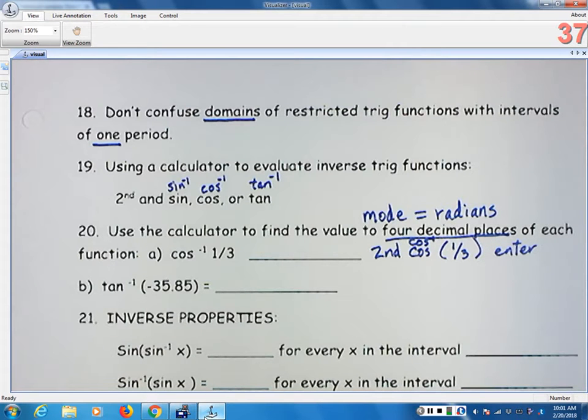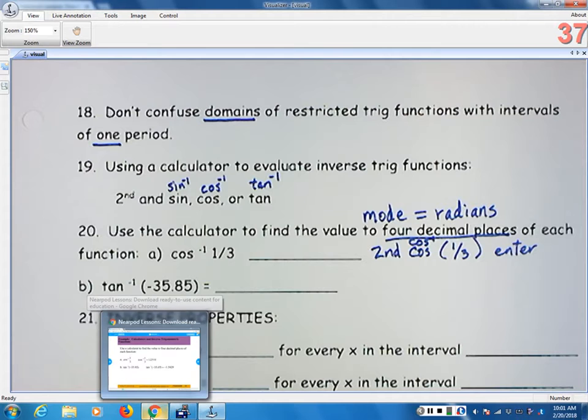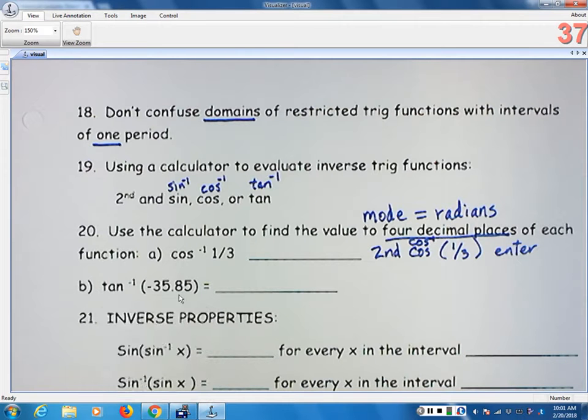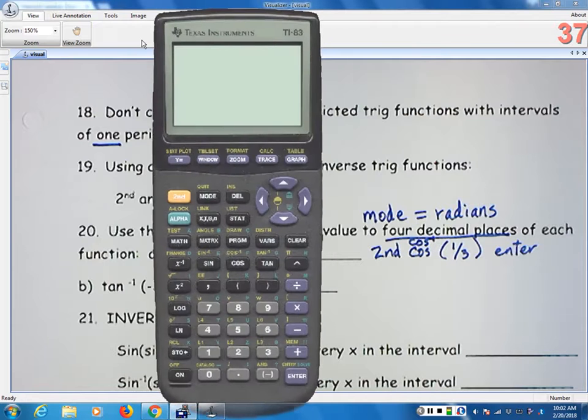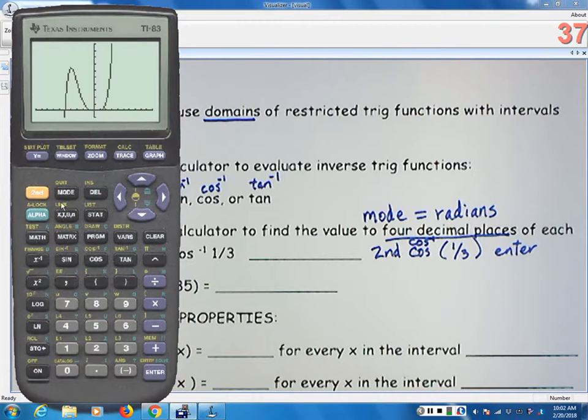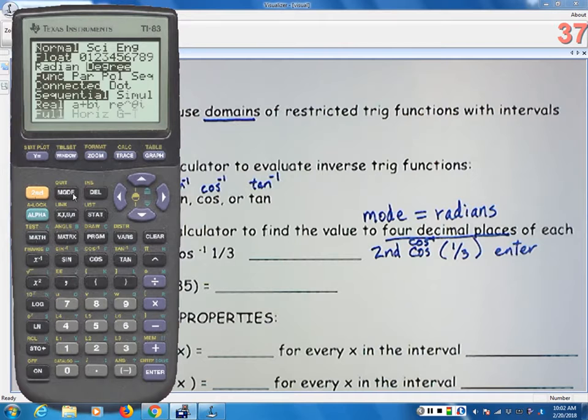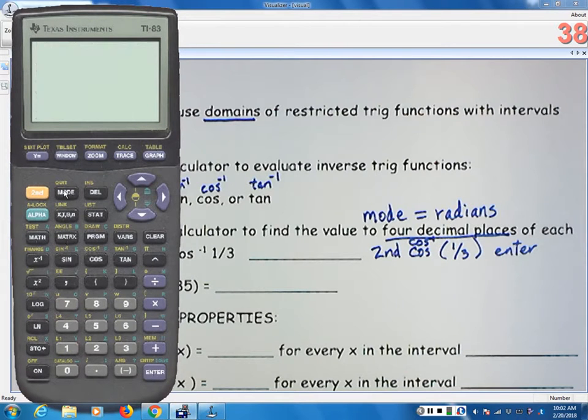But this is radian, so see, we're finding an angle. 1/3 is a number, and minus 35.85 is a number. So go to our calculator, turn it on. Oh wait a minute, before I do that, mode, radian.